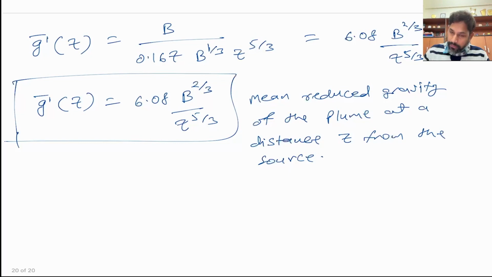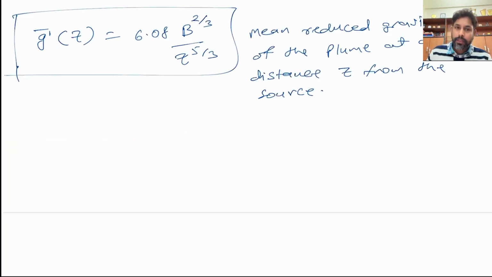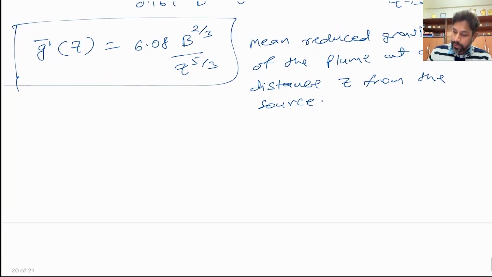And now G prime might be a little difficult to relate to real problems, so we can always convert G prime into the concentration or temperature difference.